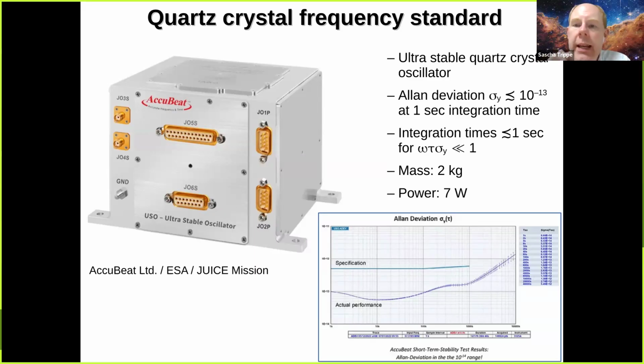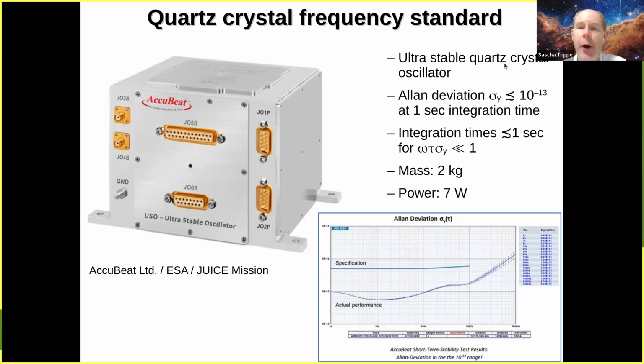We need an Allan deviation of less than or approximately equal to 10 to the minus 13. Usually this is something you would only achieve with atomic clocks, especially hydrogen maser clocks, which, however, are very massive and consume a lot of power, so they're not really the tool of choice for a space mission.